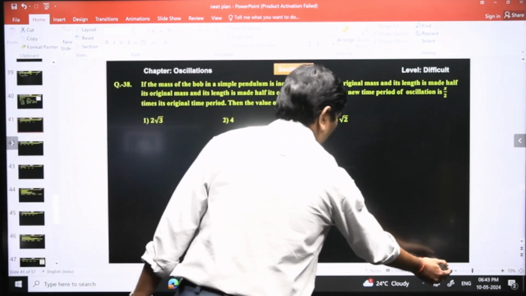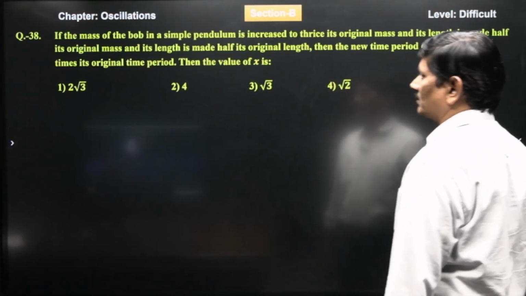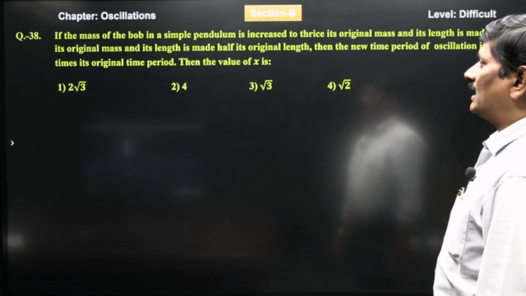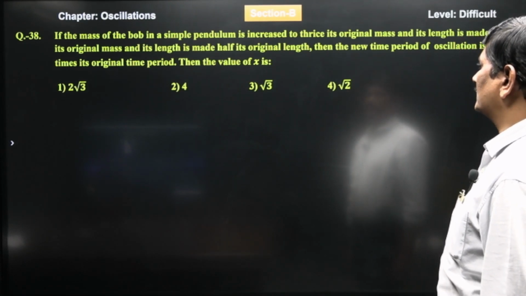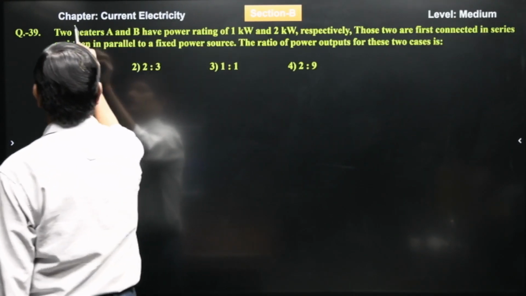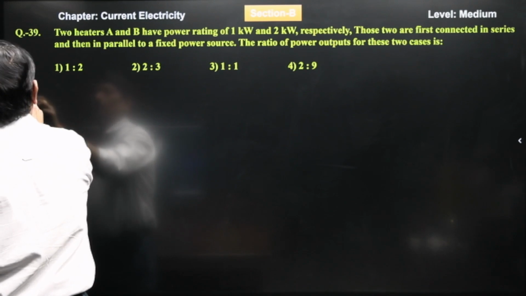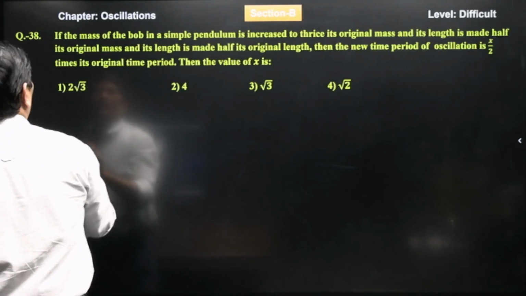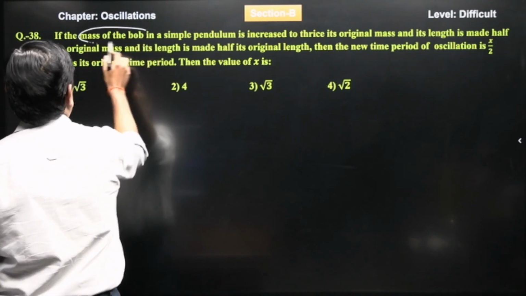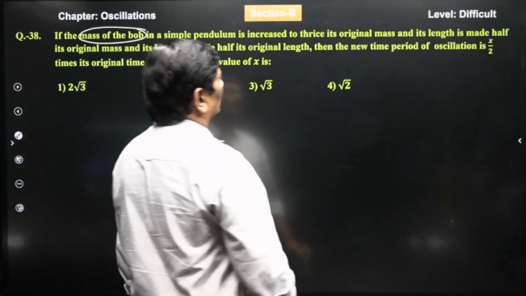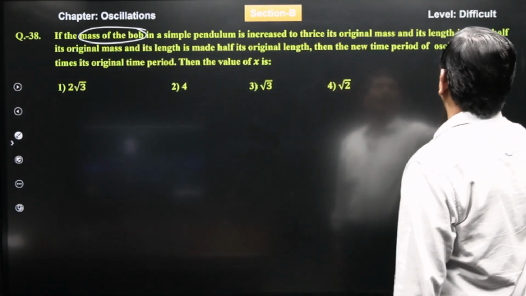Now, see the next question, this is the 38th question related to oscillations. If the mass of the bob in a simple pendulum is increased to thrice its original mass and length is made half.